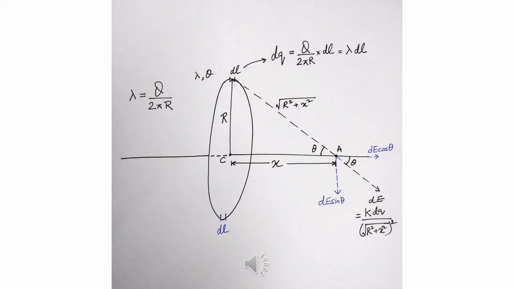One component is along the x-axis and the other component is along the y-axis, and both these components are mutually perpendicular to each other. As shown in the diagram, elemental electric field dE vector has been resolved into dE cos theta, which is x component, and dE sin theta, which is y component.